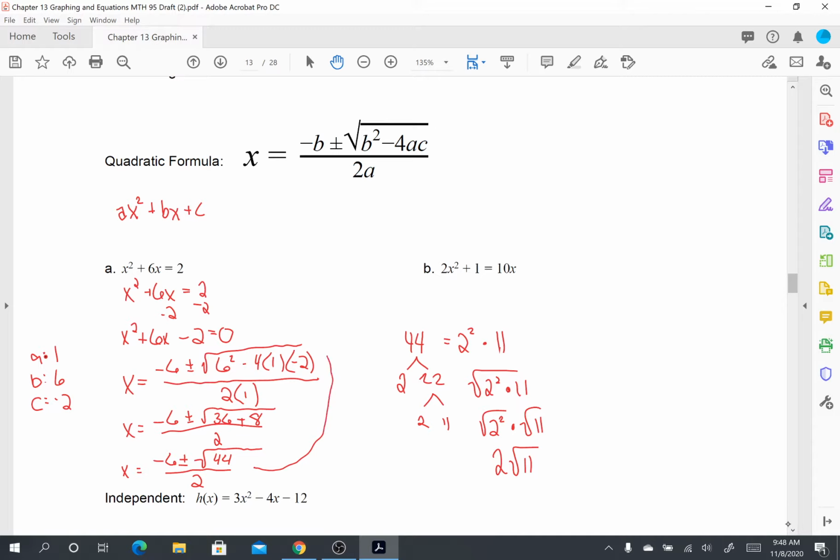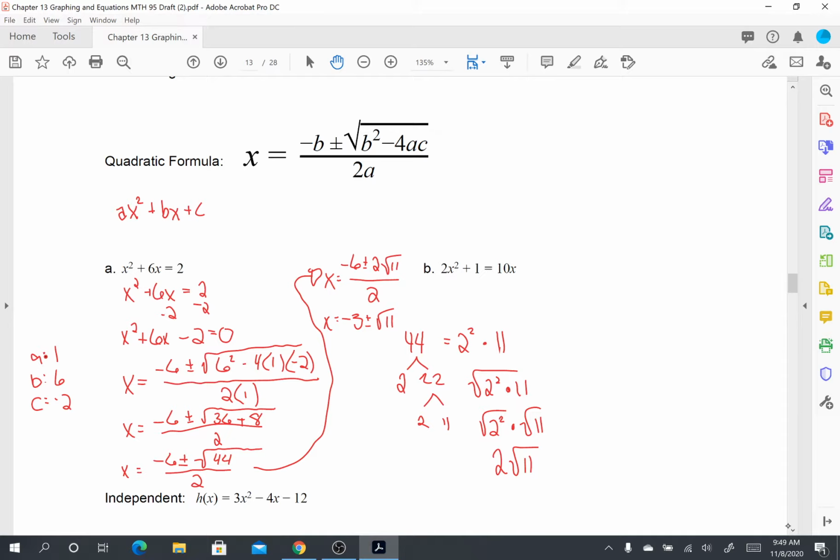I'm going to bring my work on up here, and we'll have x equals -6 plus or minus 2 square root of 11 all over 2. Now each of these terms has a 2 in it, so we can factor a 2 out. x equals -3 plus or minus the square root of 11.